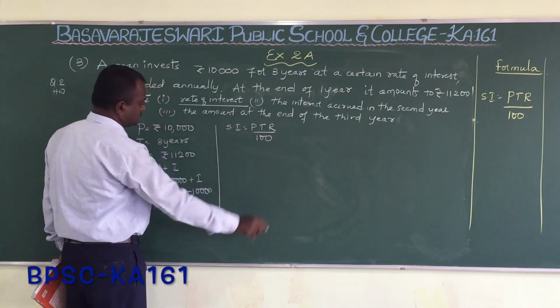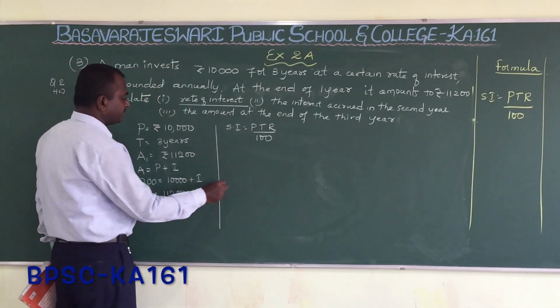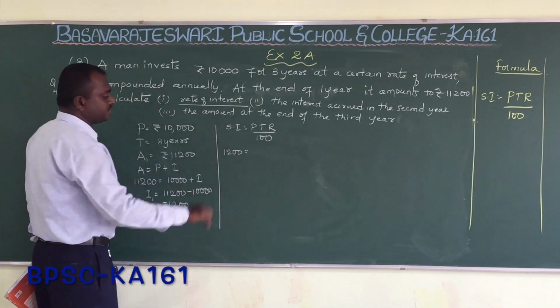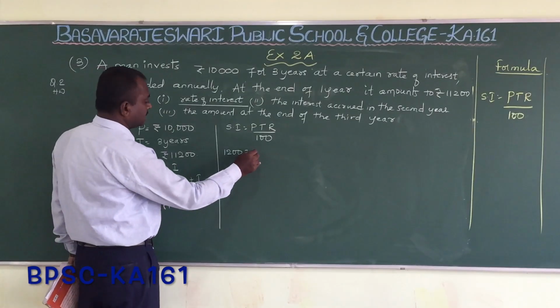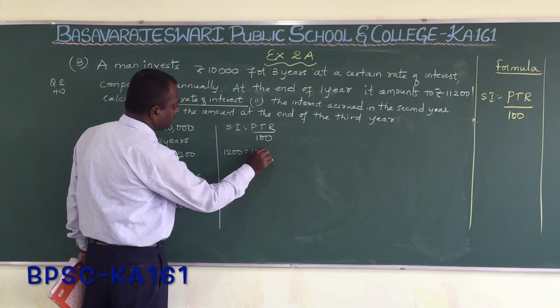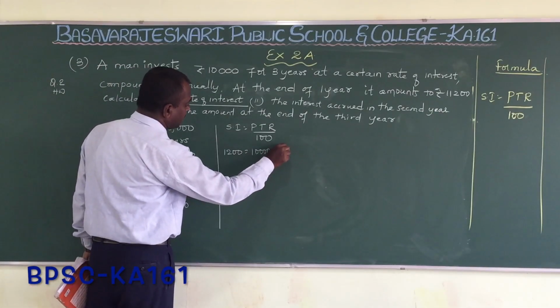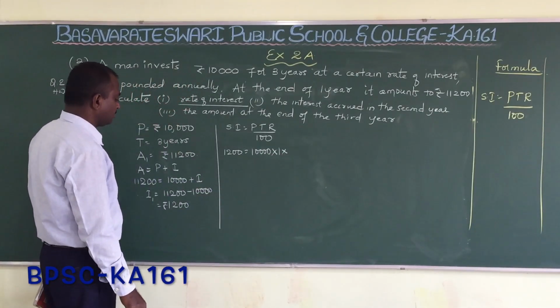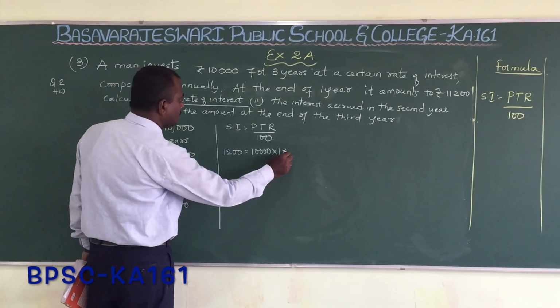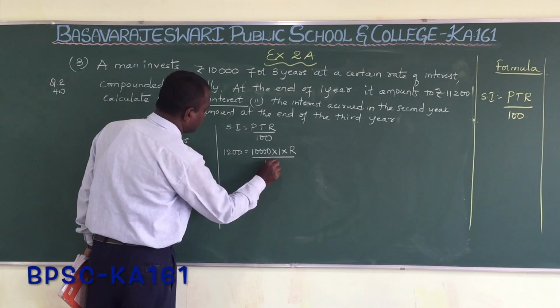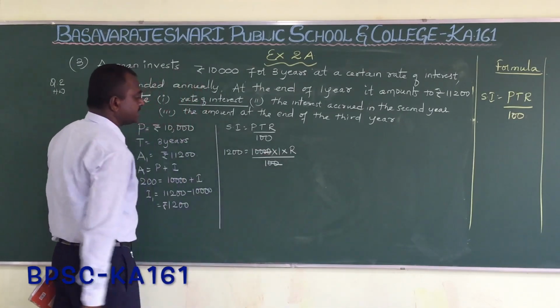Substitute the values. Simple interest, how much did we get? First year simple interest 1,200 is equal to, what is P? 10,000. What is time? First year, that is 1, into R. R is what we have to find out, by 100. 2 zeros cancel.